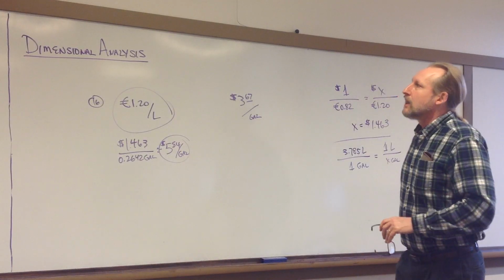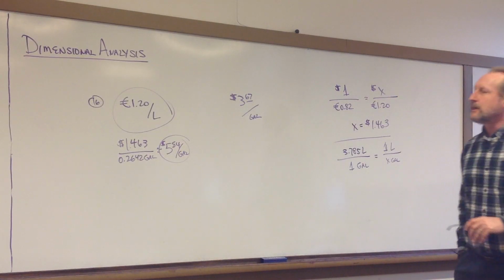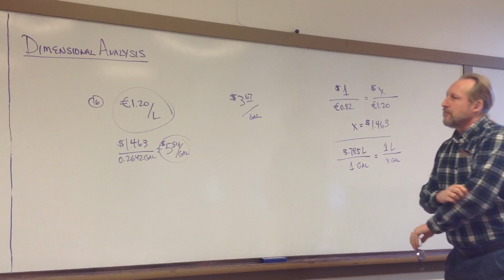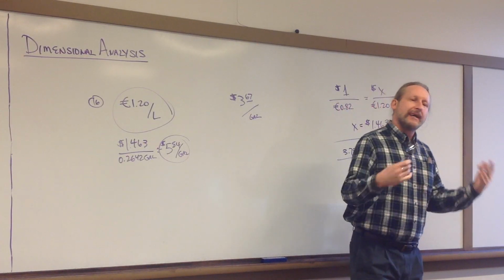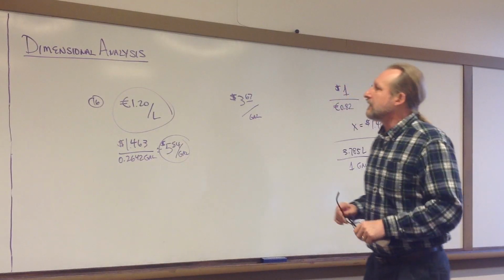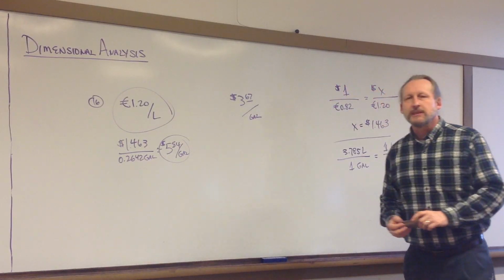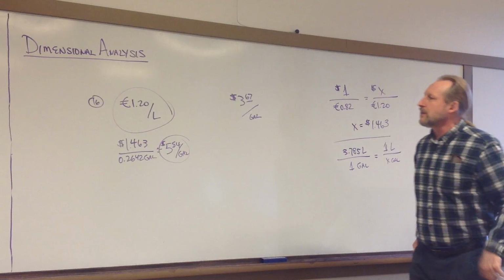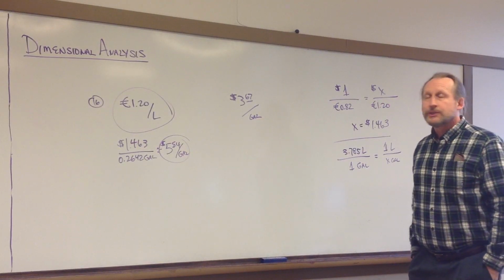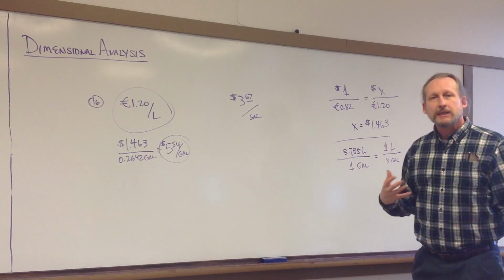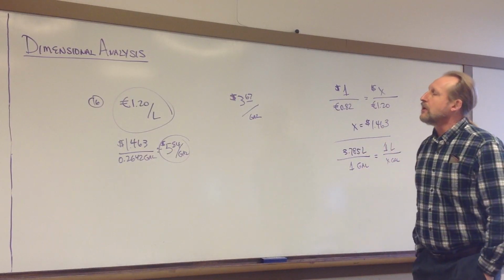Okay, so like I said, people sometimes get annoyed in math class when we talk about different ways to solve problems. That's just the way it is, and that's not only true in mathematics, it's true in a lot of other things as well. So really your decision to make is which process makes the most sense to you.